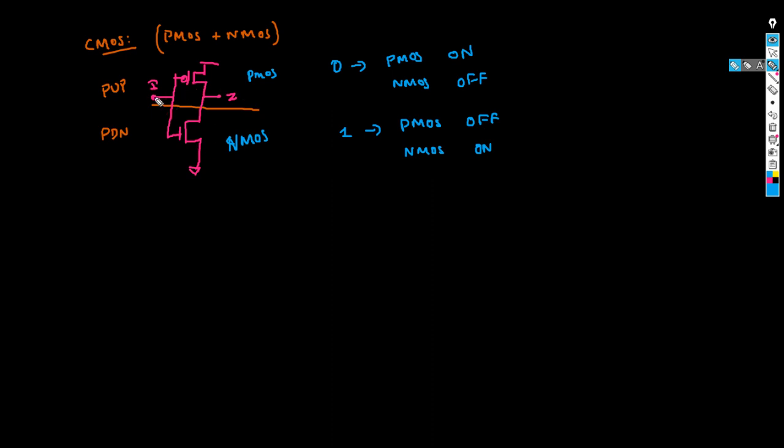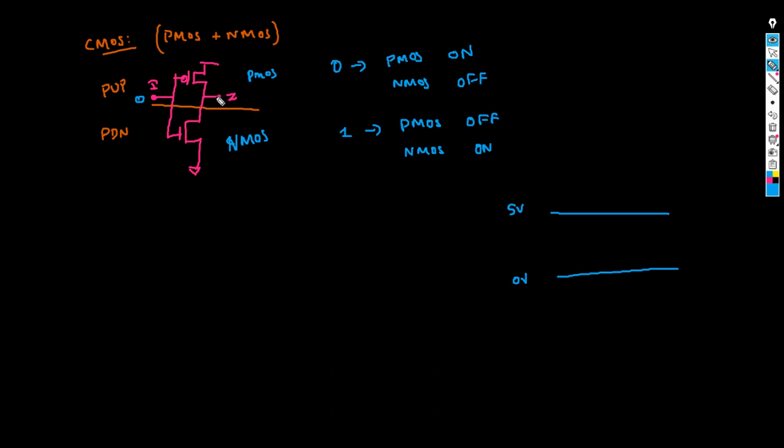Now let's give 0 here. What happens? Assuming your voltage ranges are 0 to 5 volt, when you give 0 here, what happens?